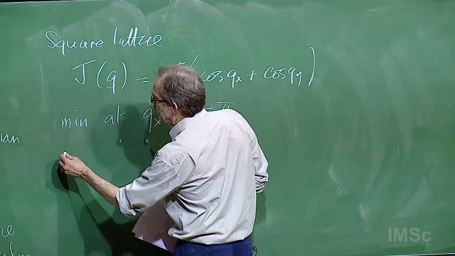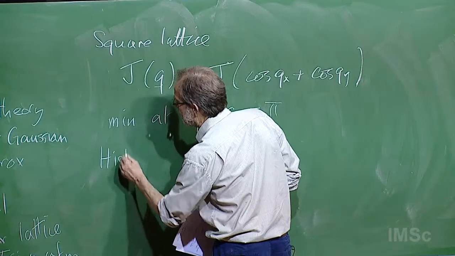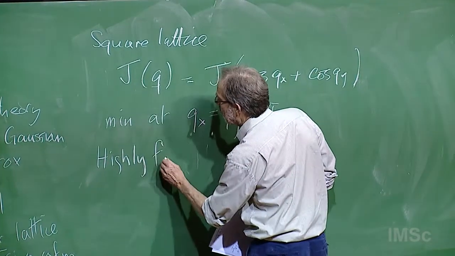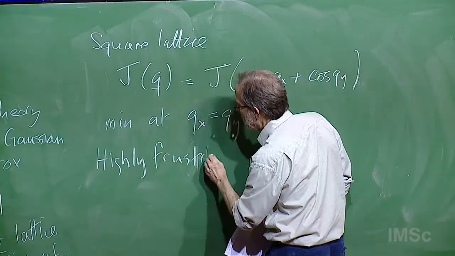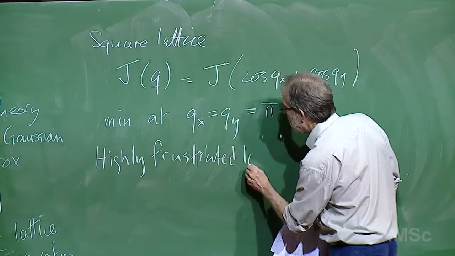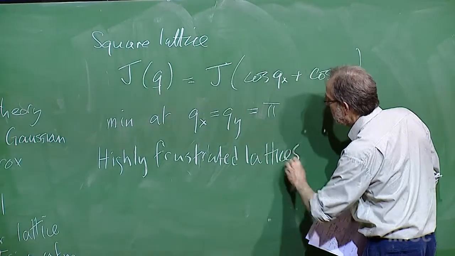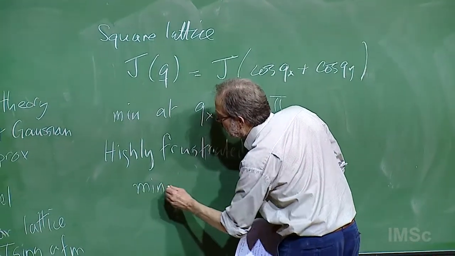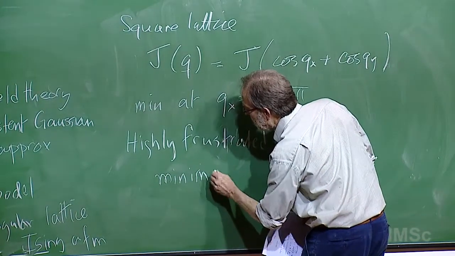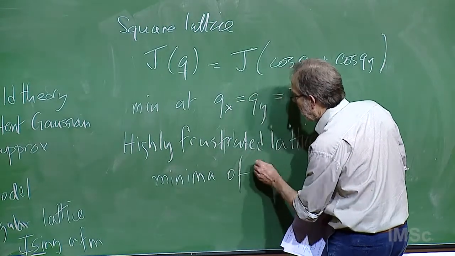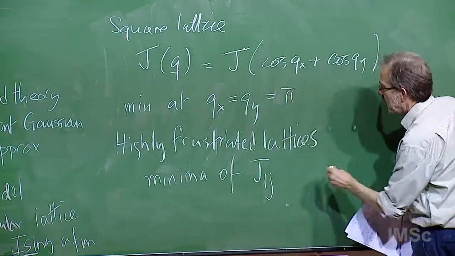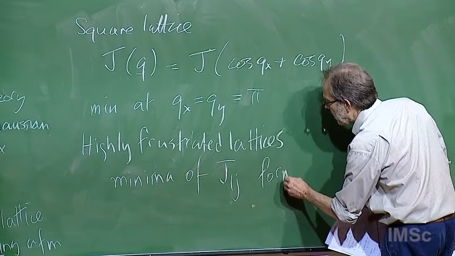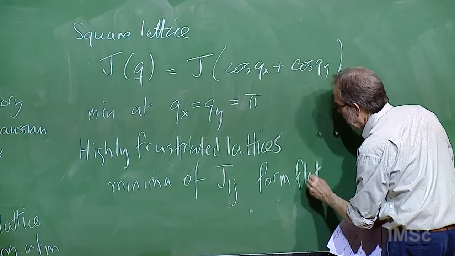What we find that's different in highly frustrated lattices is that the minima of J_ij form flat bands.